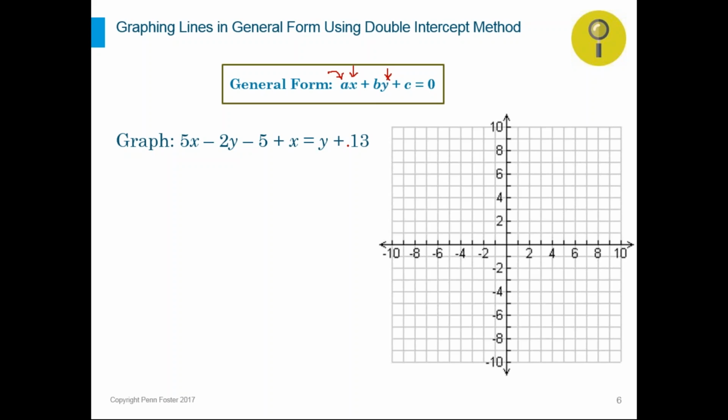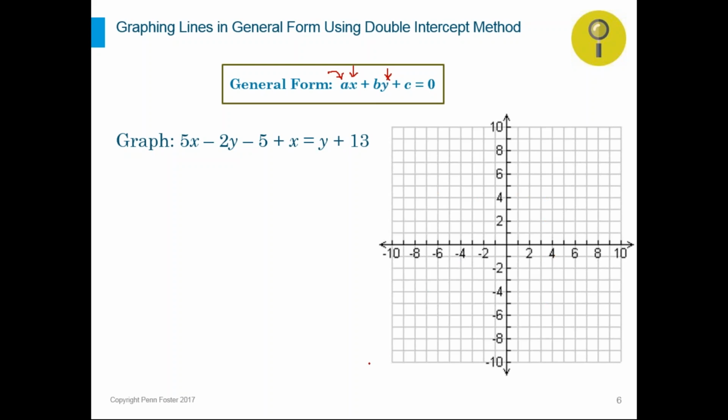And from there, we're able to use the double intercept method that we spoke about in webinar 1 to decide on 2 points that lie on this line, plot them on the coordinate plane here on the screen, and connect the points. Here you go. That would be the graph of the line.